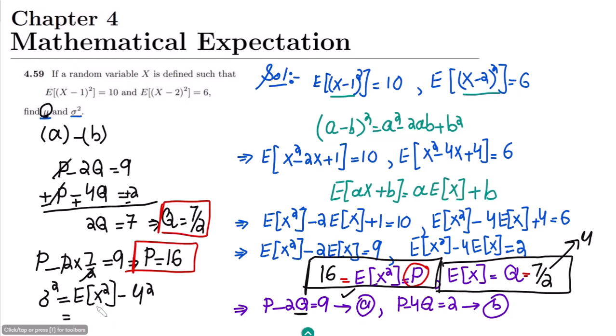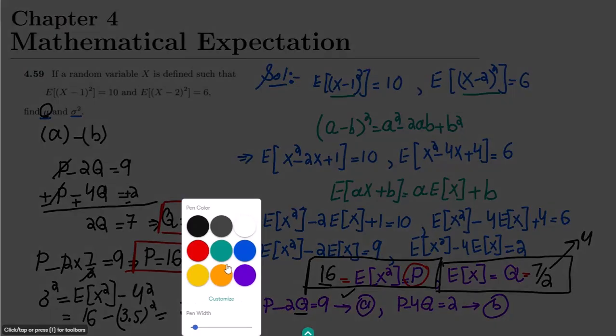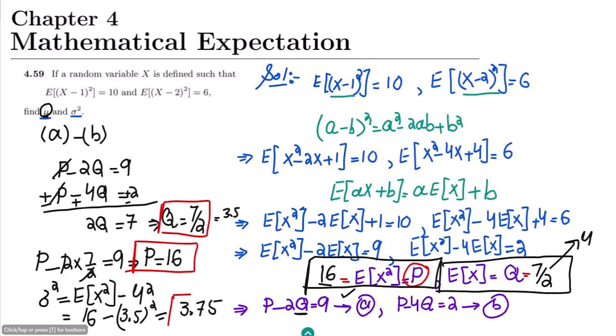E[X^2] is 16, so 16 minus (7 by 2, which is 3.5) square. Finding it out, it would become 3.75, and this is sigma square. So the value of the mean is found out, and the value of the variance is also found out.